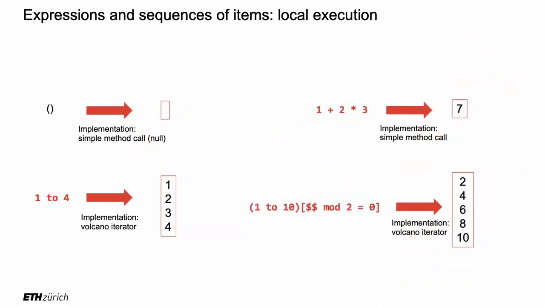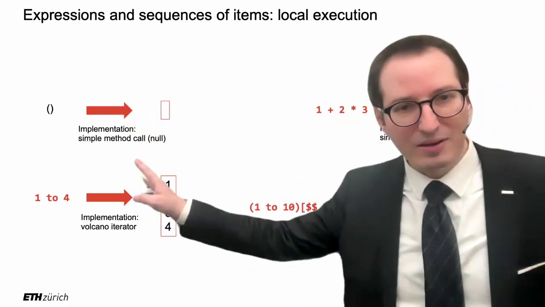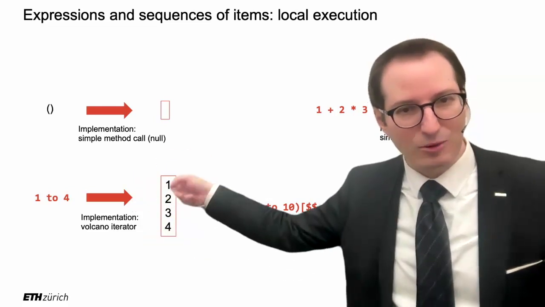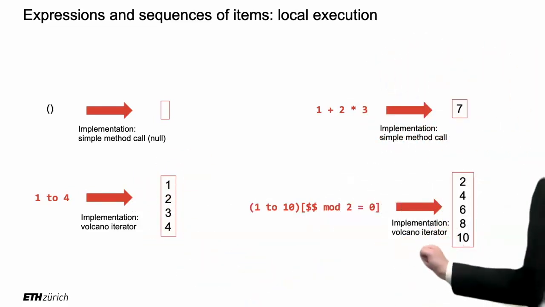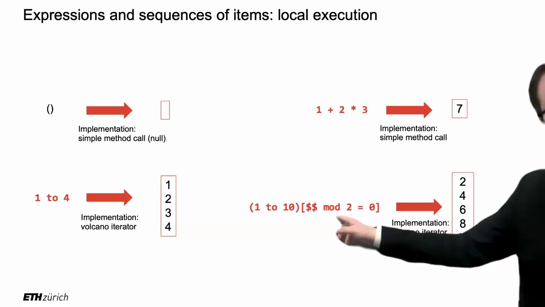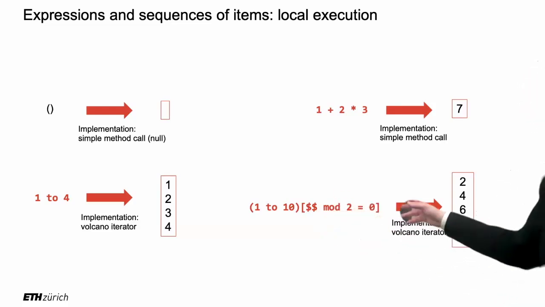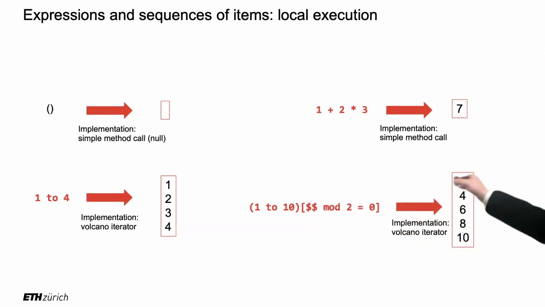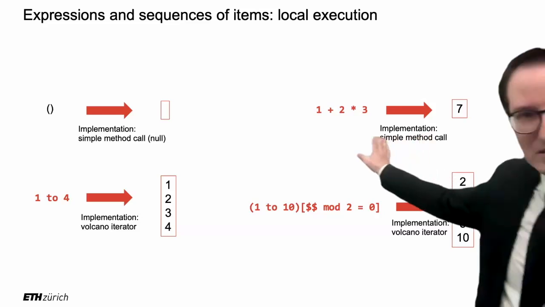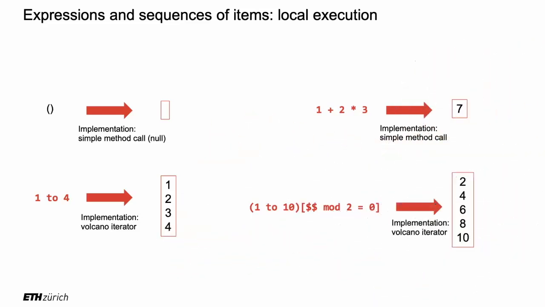So we use a simple method call. Then when it's a few items, we can have this Volcano iterator. We iterate through them. If you have a filter here, you use a Volcano iterator that's going to iterate, execute the filter sequentially, then get a sequence here. So simple method call, Volcano iterator: there is no Spark in there. It's just pure Java. It's implemented in Java. It's pure Java, all right?